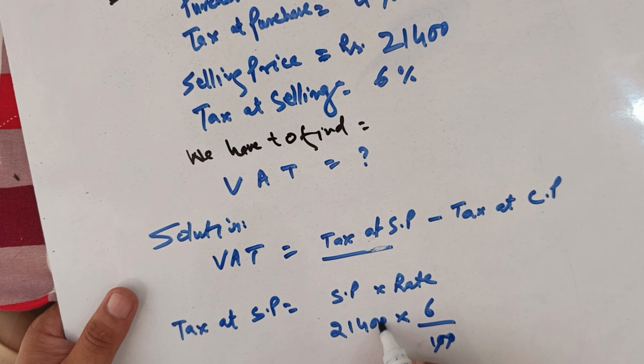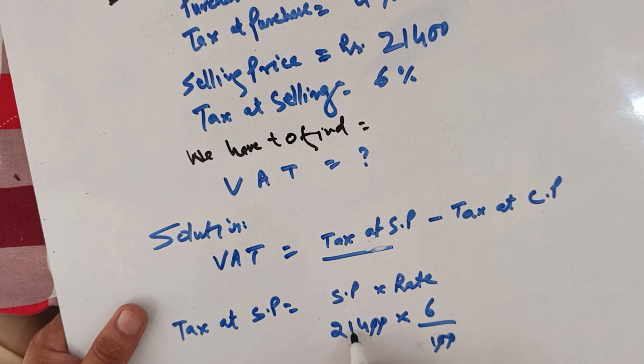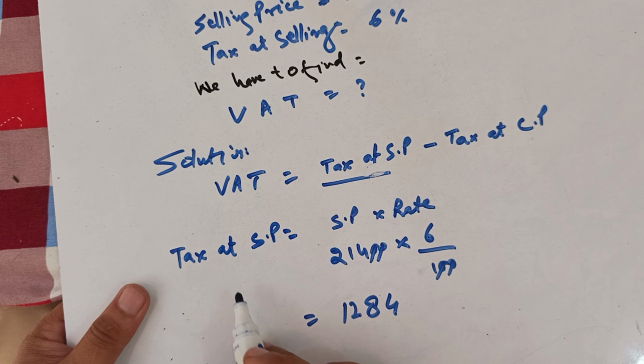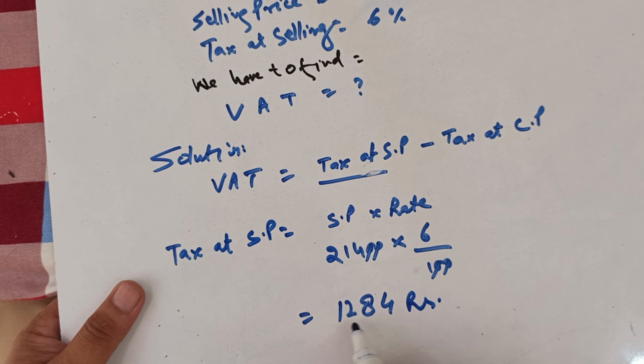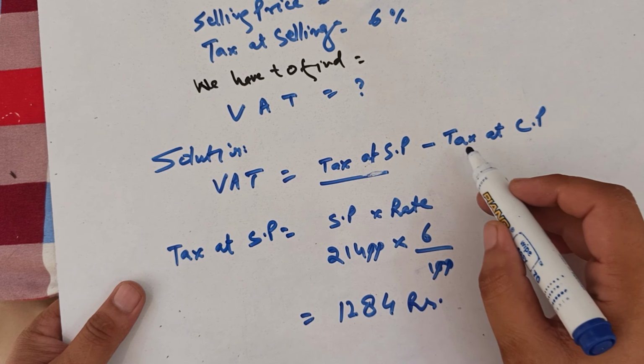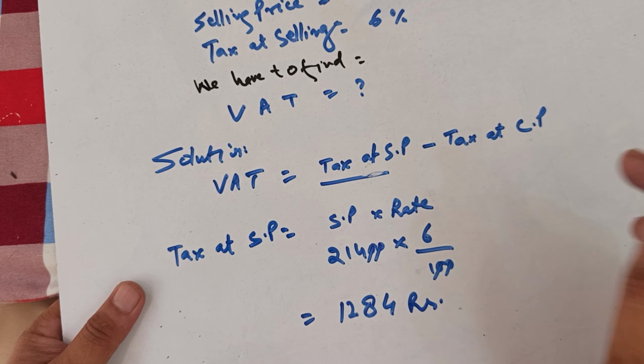So these two zeros will be cancelled out, and we will multiply 6 by this, and we will get tax at selling price, which is rupees 1,284.